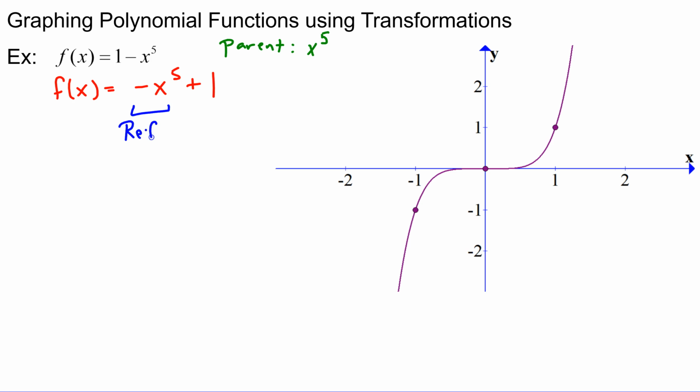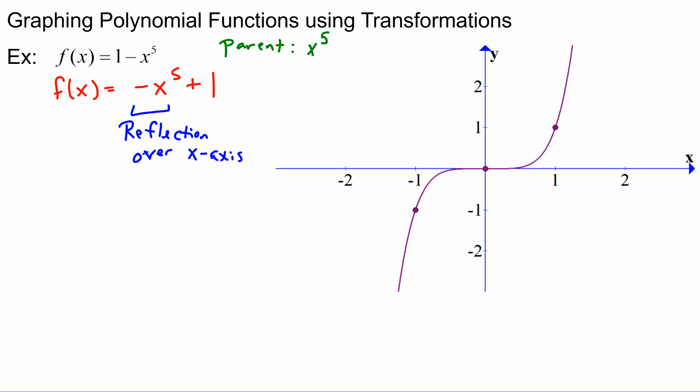This would be a reflection over the x-axis. How I knew that is because what is really happening here is, pardon me, this would be y now, right? It's outside the parent function, so I'm taking my y and making it negative. If I had a positive y, now it goes negative. That's going to reflect it over the x-axis.